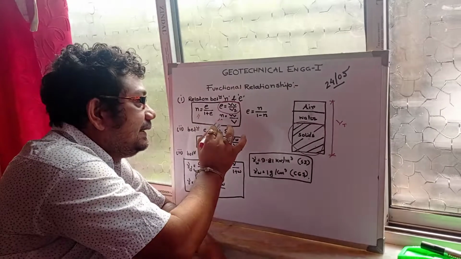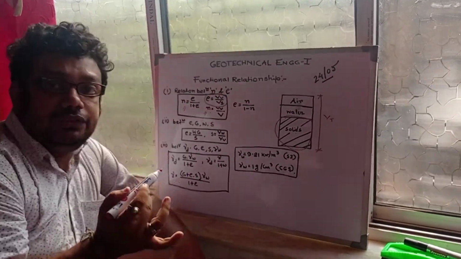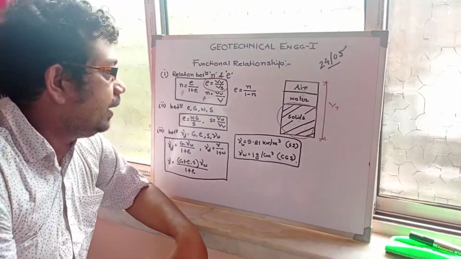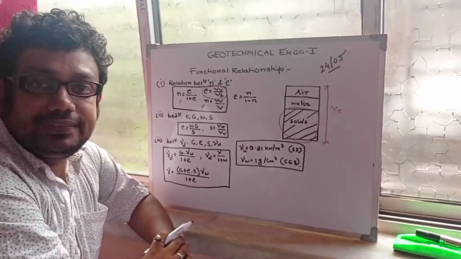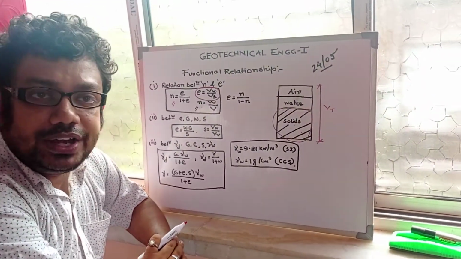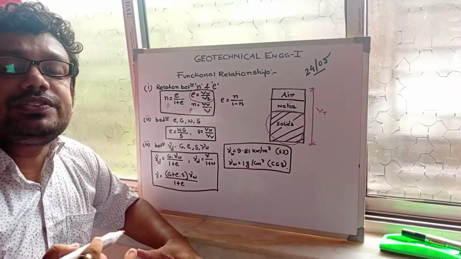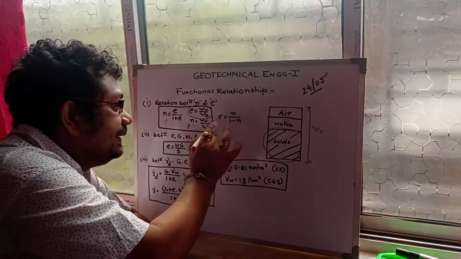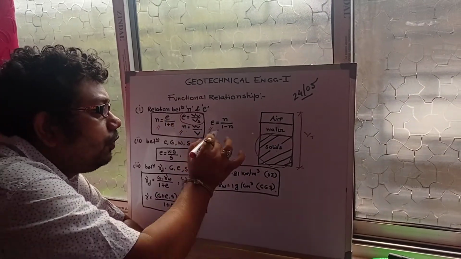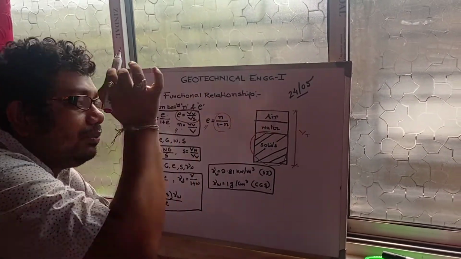That is called porosity. If you are asked to find n, that is porosity, how will you find it? e divided by 1 plus e. And if someone asks you to find e instead of n, what will be the formula? n divided by 1 minus n.